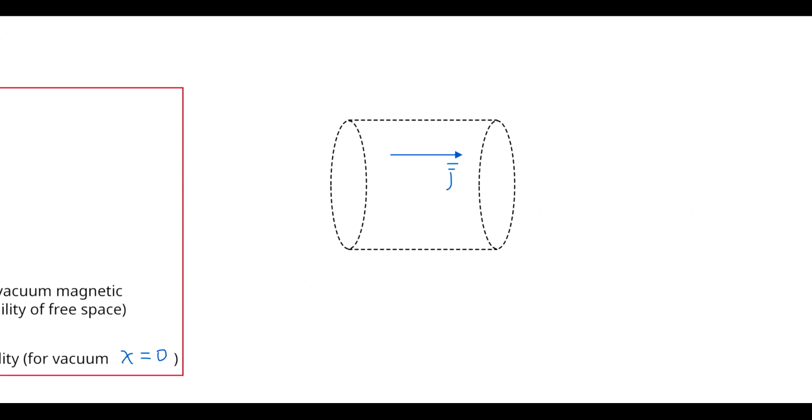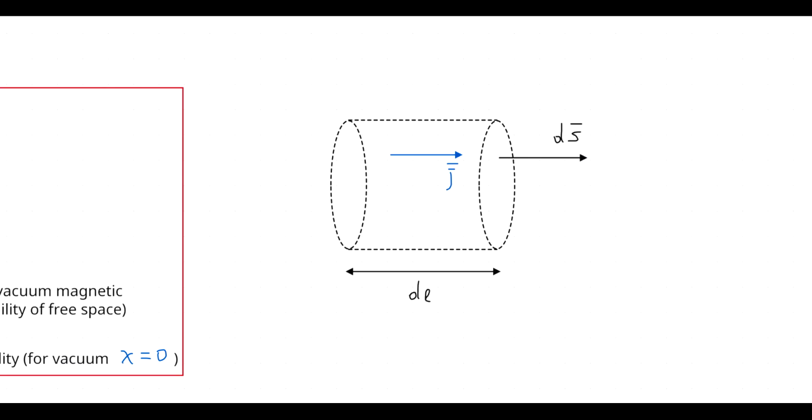This cylinder has the same direction as electric current density. The base of this cylinder has area dS, which can be defined with vector dS. The height of this cylinder is dlc.